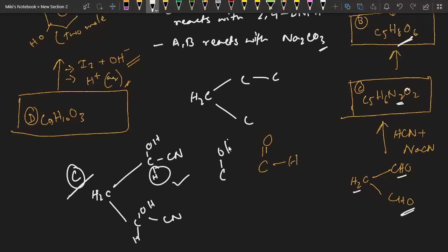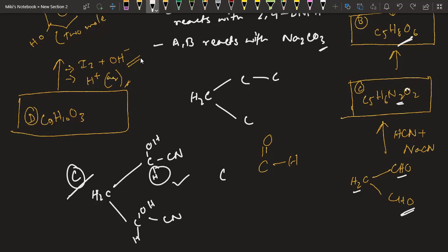A carbon containing an OH group, if it is bonded with one hydrogen and two alkyl groups, then this is a secondary alcohol. Since this is a secondary alcohol, doing oxidation won't form any carboxylic acid, rather it will form a ketone here. So if that is the case, that satisfies our information for the molecular formula being given to us.